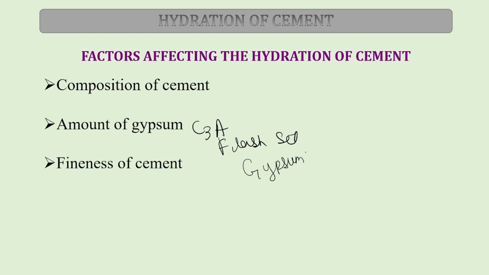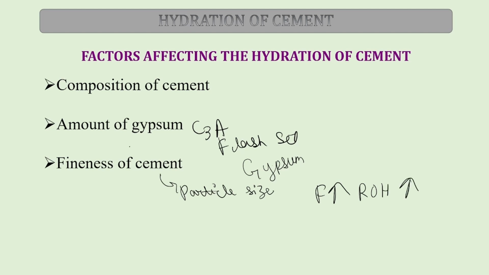Next is the fineness of cement. Fineness basically tells us about the particle size of cement, that is the extent to which the cement is ground in the manufacturing process. So, as the fineness increases, the rate of hydration also increases.